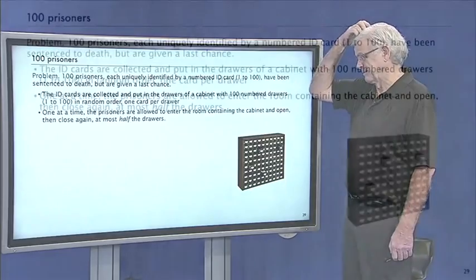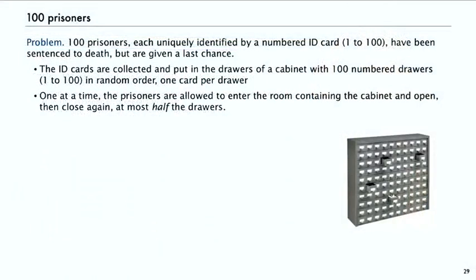So now that's the setup. And now the prisoners, one at a time, are allowed to go into the room that has the cabinet and open a drawer, look at a card, and then close the drawer. And they get to do that for at most 50 drawers. So each prisoner can look at 50 drawers, but not all of them.